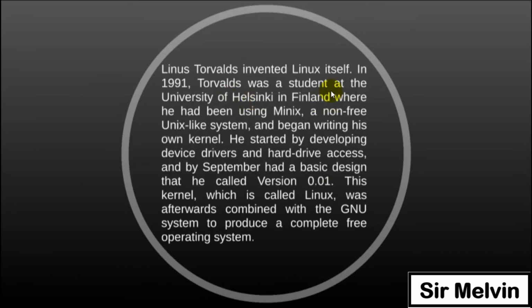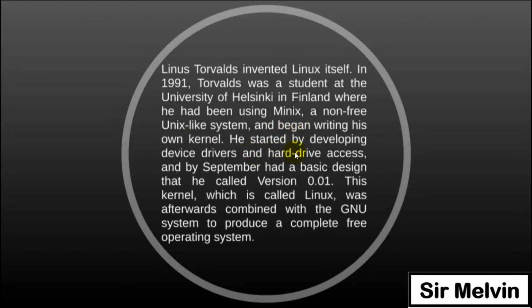Linus Torvalds. In 1991, Torvalds was a student at the University of Helsinki in Finland, where he had been using Minix, a non-free Unix-like system, and began writing his own kernel.